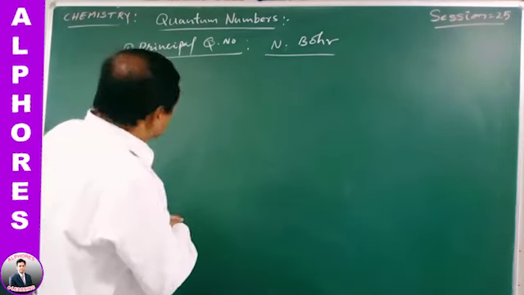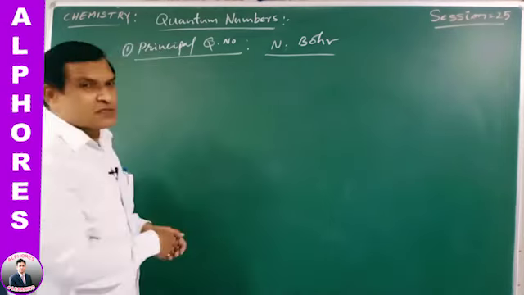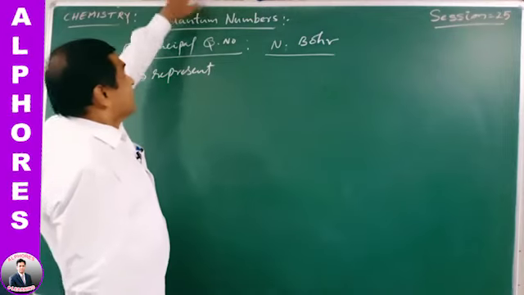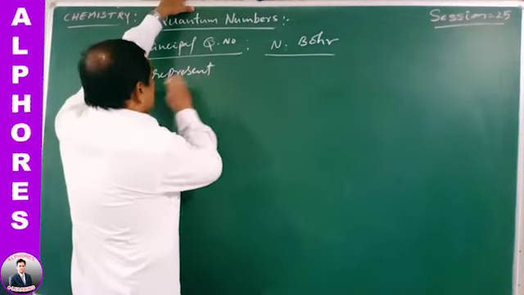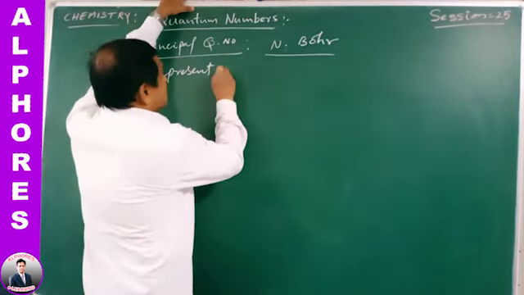Principal quantum number represents the circular orbit in which the electron revolves around the nucleus.